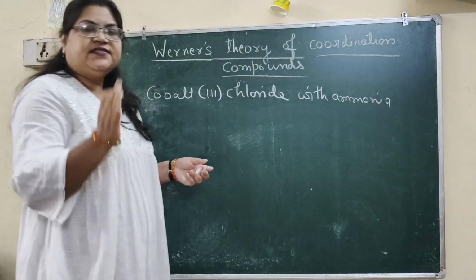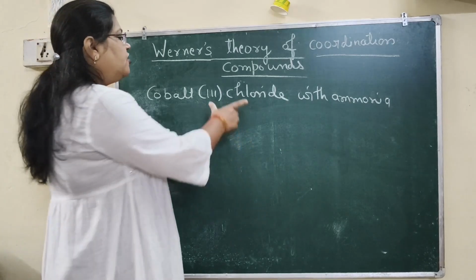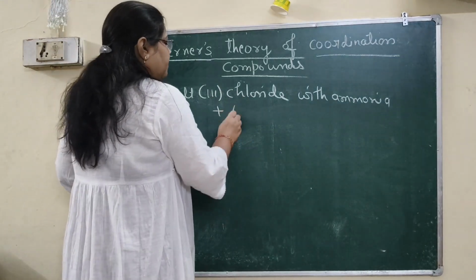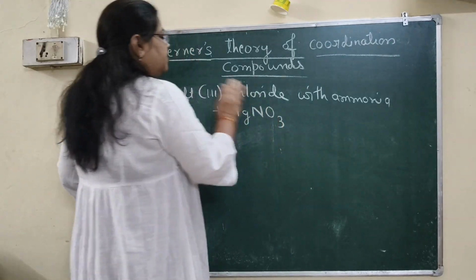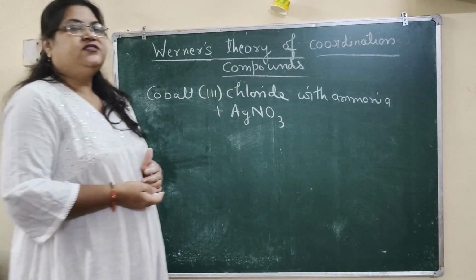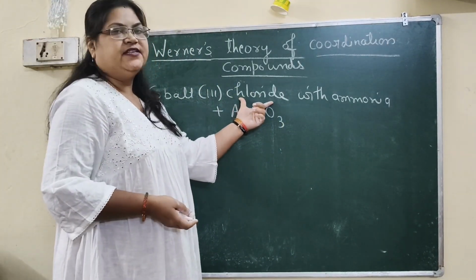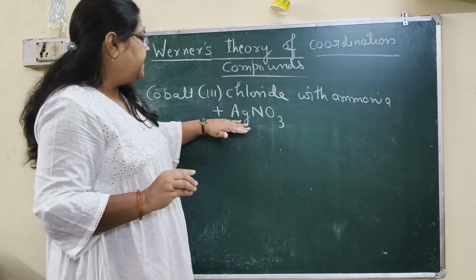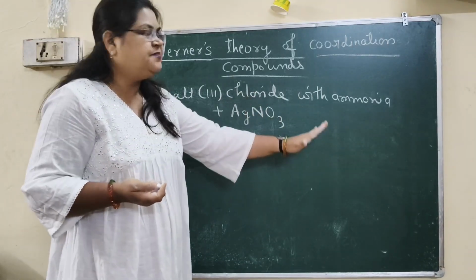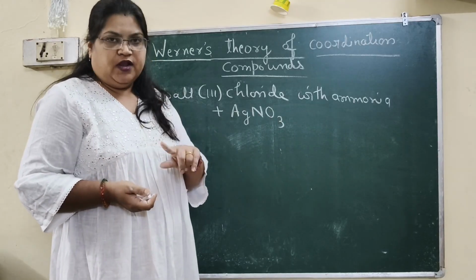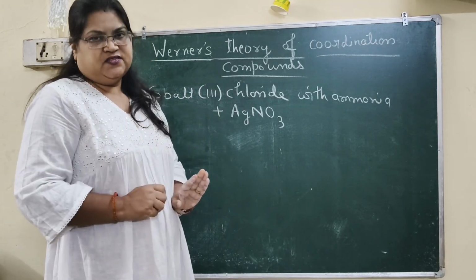Now on adding excess of silver nitrate solution to this type of compounds, we will see that some of the chloride ions are precipitated as AgCl. कुछ जो chloride ions हैं वो AgCl की तरह precipitate हो जाएंगे, but not all. Some remain suspended in the solution.